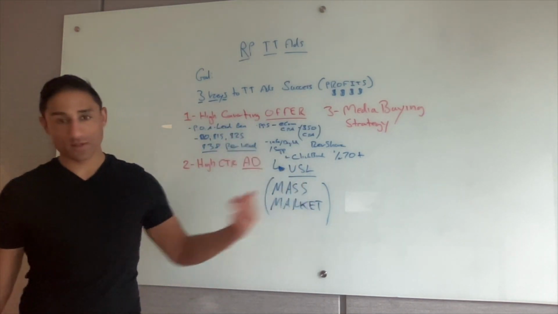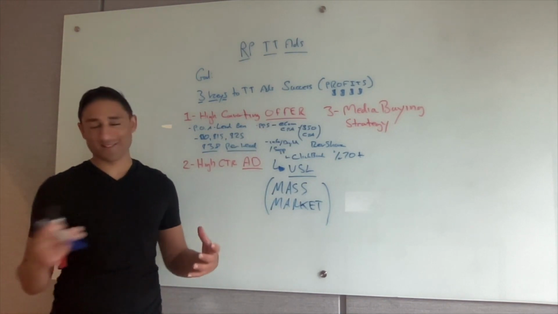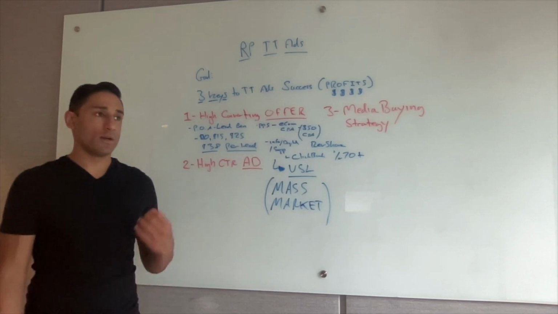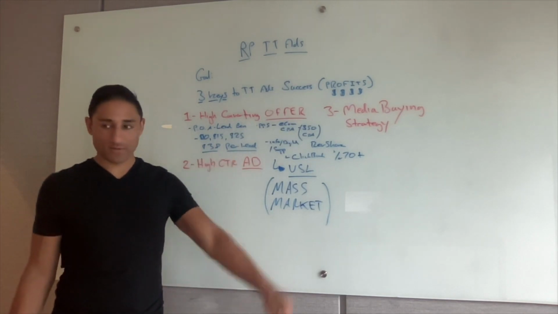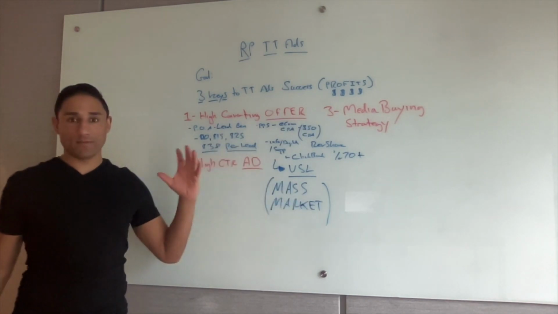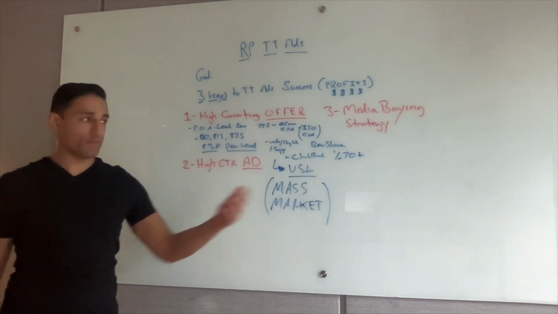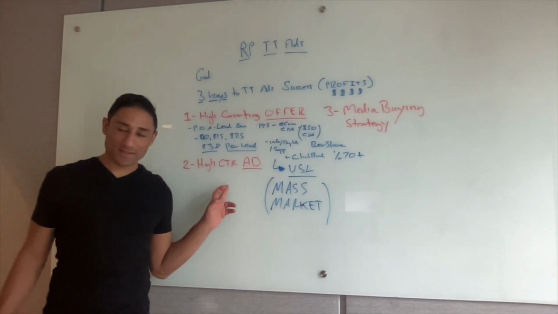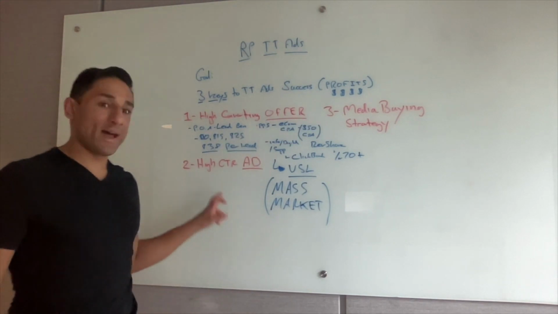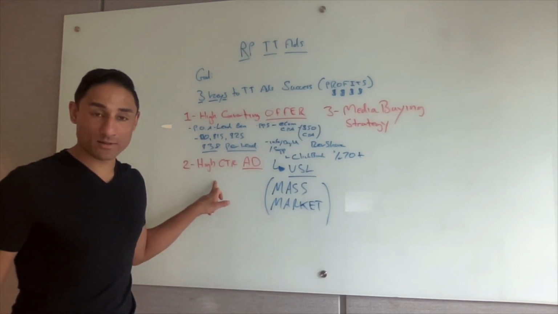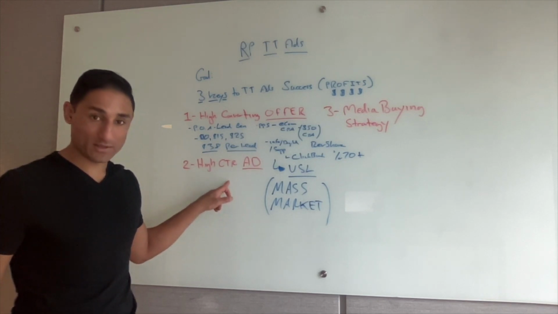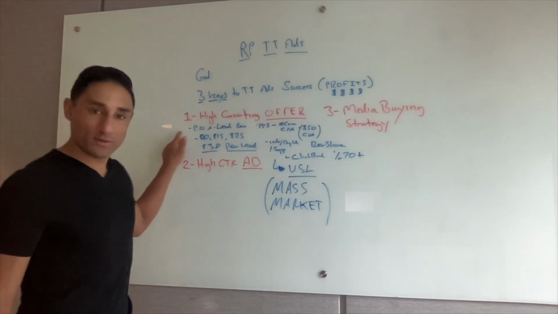Once you find a high converting offer, which I've kind of broken down into the overall categories, there is a process to finding the right ones, right? In AffLabs, we give you the actual offers. Once you have an offer that you know is already converting, the next key, and this is actually 80% of the success on TikTok, is having a high click-through rate ad that sends targeted traffic to the high converting offer.